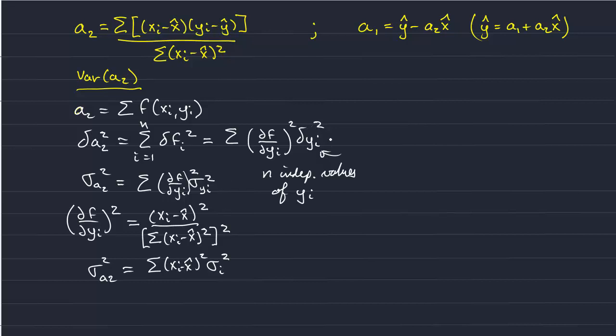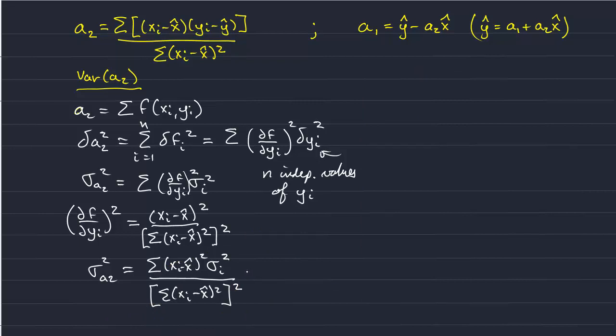So the deviation of y from the regression line is delta yi, or sigma i, I should say sigma squared i. And then we have the sum of square deviations of x from its mean, all to the fourth power.